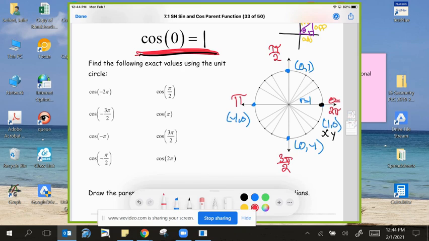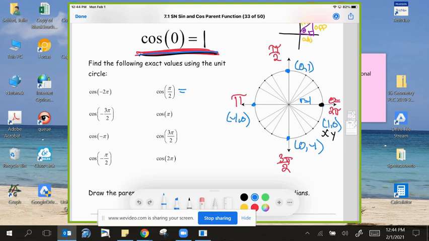Okay. So going around, we're going to do the same thing we did earlier with the sine graph, but with cosine this time. So we're looking at the x coordinates. We know cosine of 0 is 1. Good. What's cosine pi over 2?